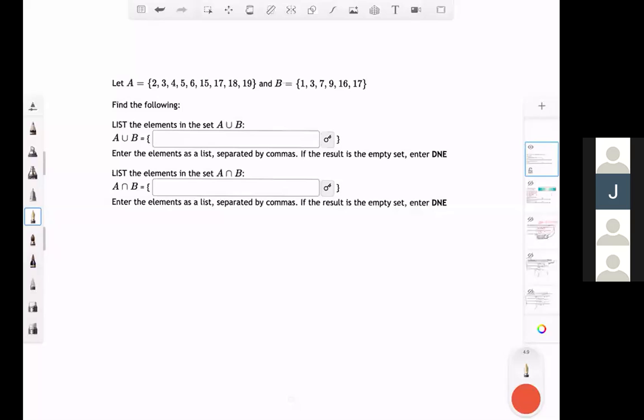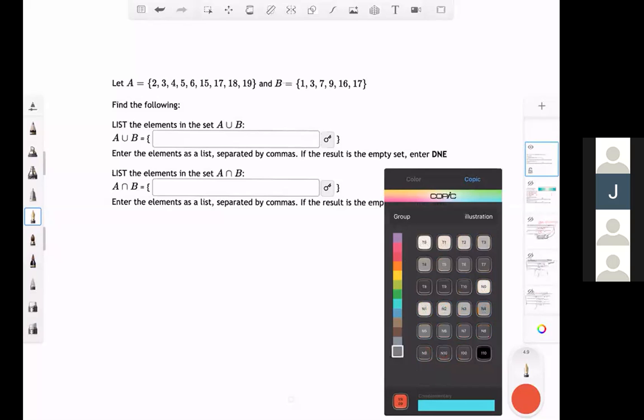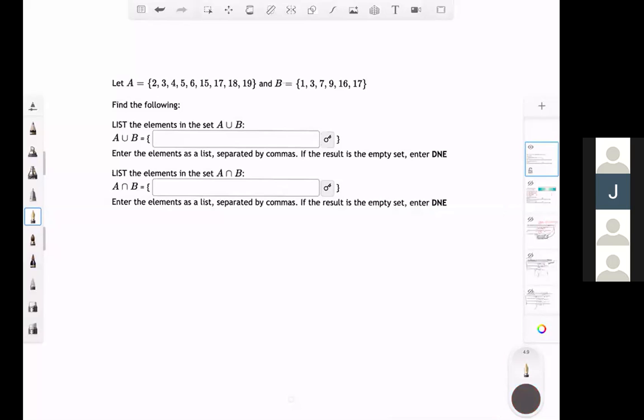Wouldn't it be 1, 2, 3, 4, 5, 6, 7, 9, 15, 16, 17, 18, 19? Your voice is delayed, so I'm at the 7. Then you said, oh yeah, 7. Yeah, the 9, then 15, then 17, 18, 19.